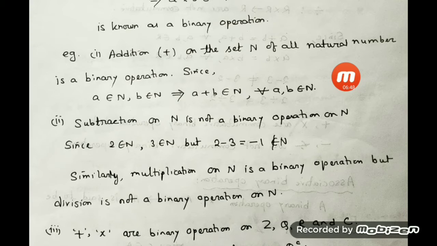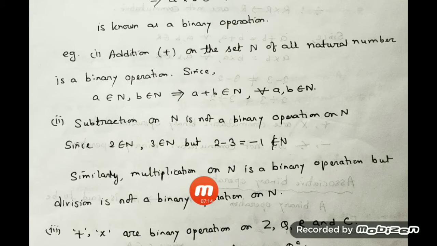So, hope you understand that if it is not, you have to give an example which will not satisfy the given condition. So, I am writing here, subtraction on N is not a binary operation on N, since 2 belongs to N and 3 belongs to N, but 2 minus 3 is equal to minus 1 does not belong to N. Okay. Similarly, we can consider multiplication.